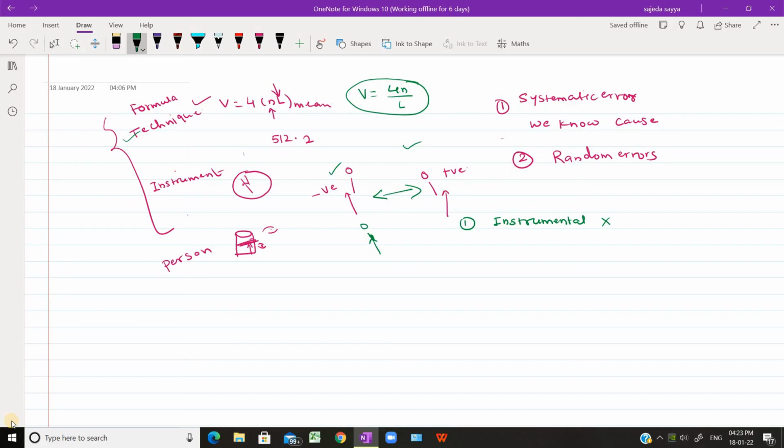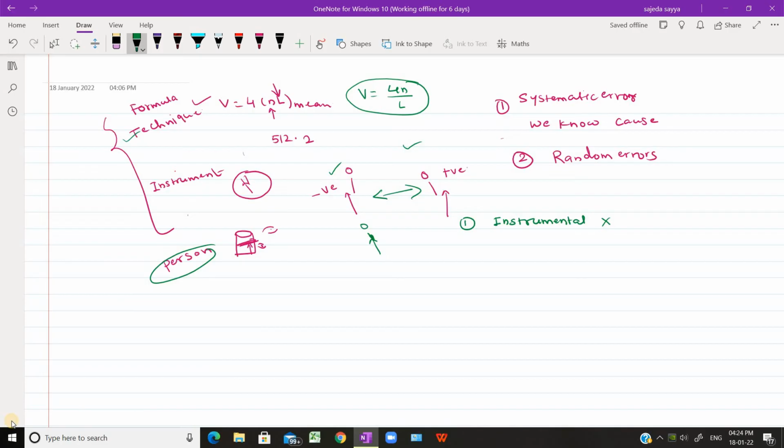If this parallax is removed, or if you change the experimenter, or if you show the person performing the experiment his error, then the mistake can be corrected. For example, if some person is asked to perform an experiment based on optics and he has a vision defect, then he will not give correct readings. So by changing the experimenter, the error can be removed.